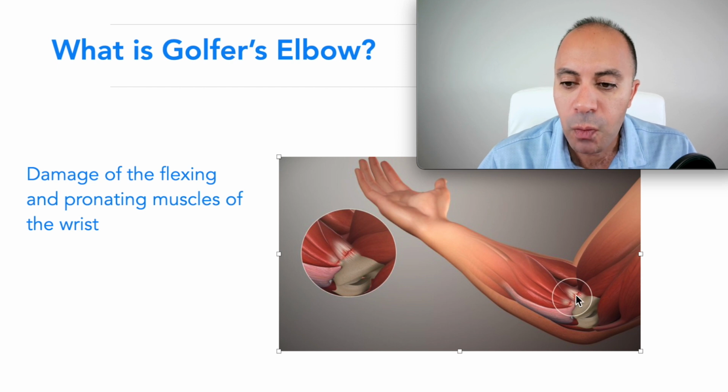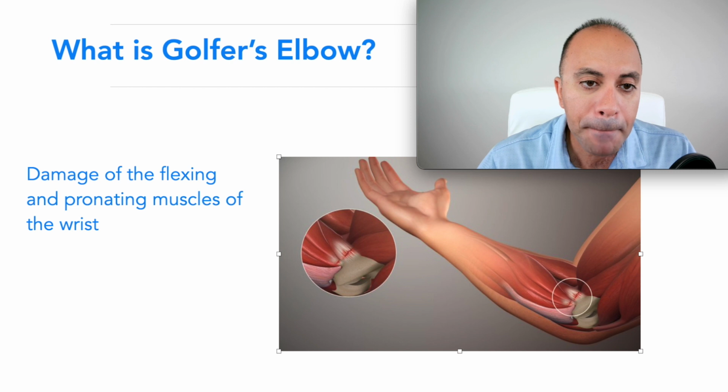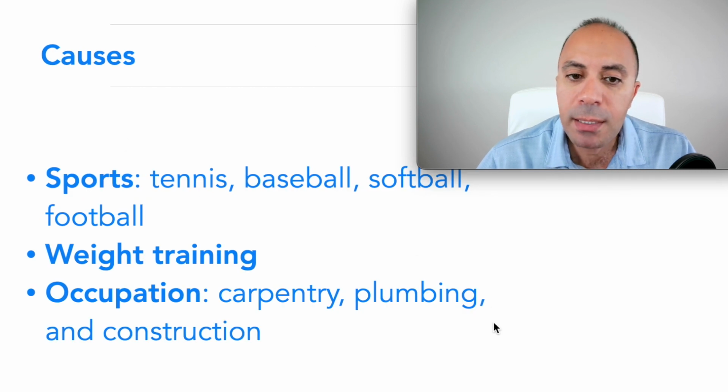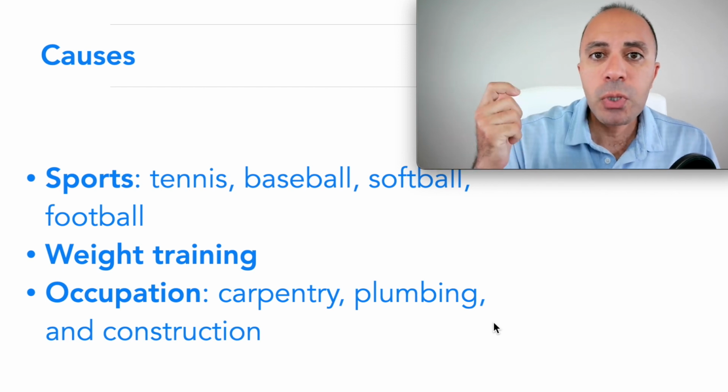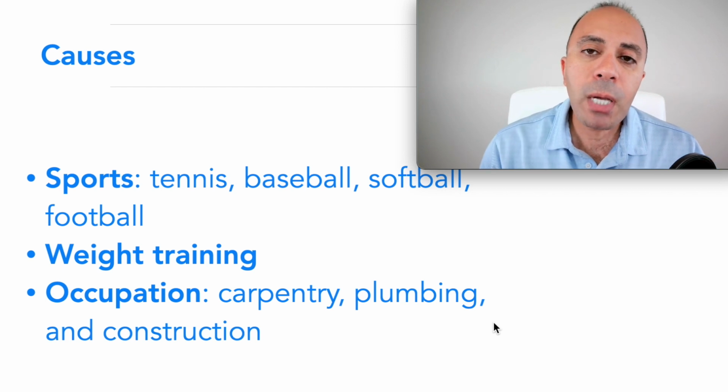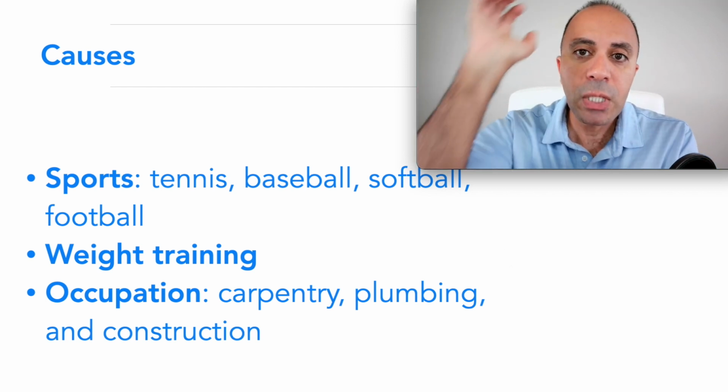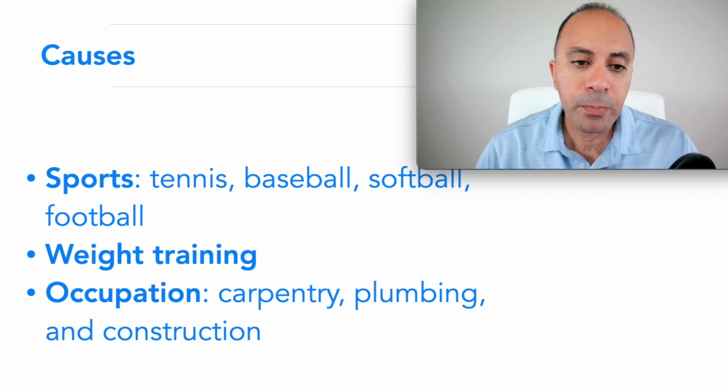You might have micro tears, scarring, and inflammation in this area. The causes also include tennis or sports, weight training, and occupations like carpentry, plumbing, or construction work that involve a lot of repetitive motion that causes micro tears to the medial part of your elbow.